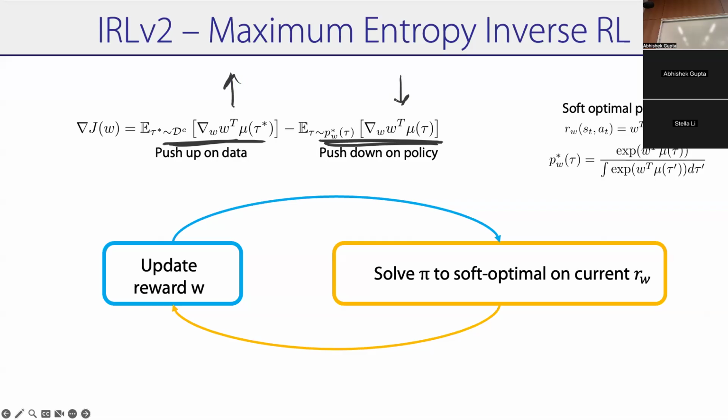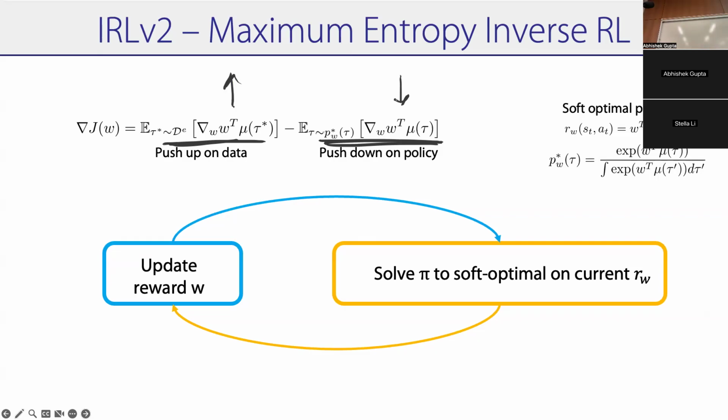For those of you familiar with generative models, this looks a lot like an energy-based model. Like an energy-based model, you push up on the data, you push down on the negatives. Here, the data is from your expert, your negatives are from your policy. You're pushing up on the data, pushing down on everything else. Does this make sense?